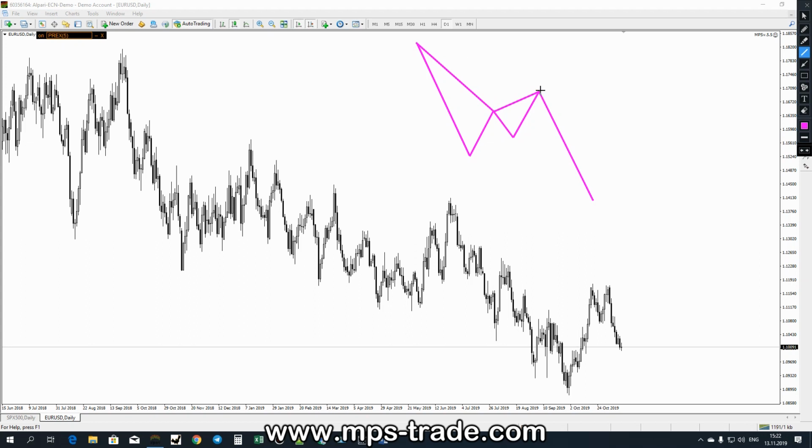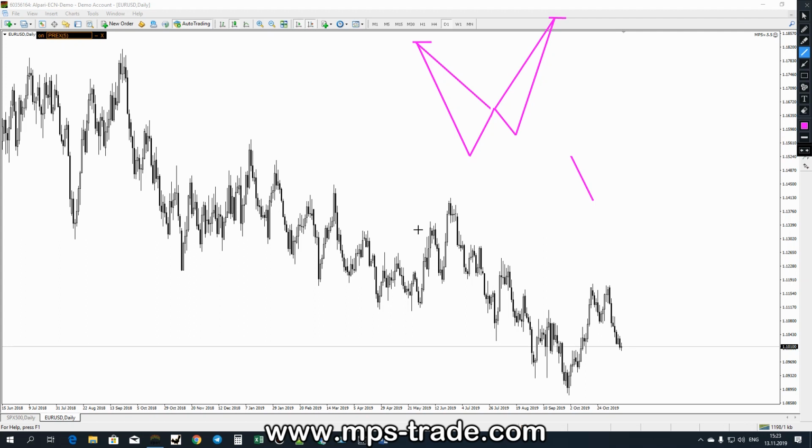If the completion of this pattern is below the X point, I personally call it a Gartley pattern, unified Gartley pattern, yes. And if the completion of this pattern is above the X point, for example here, I personally call it a butterfly pattern.